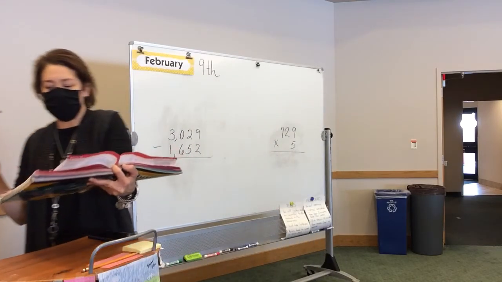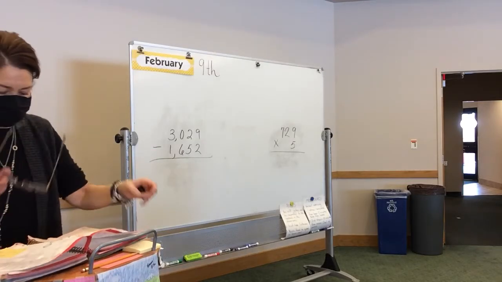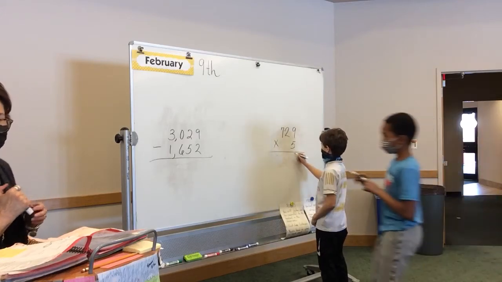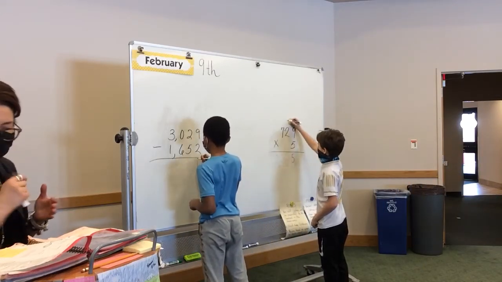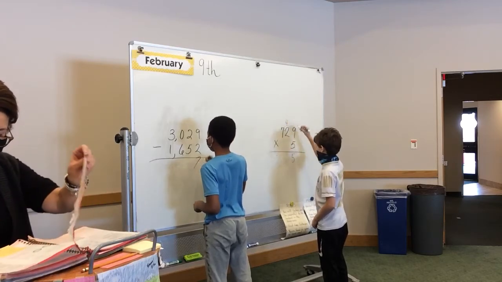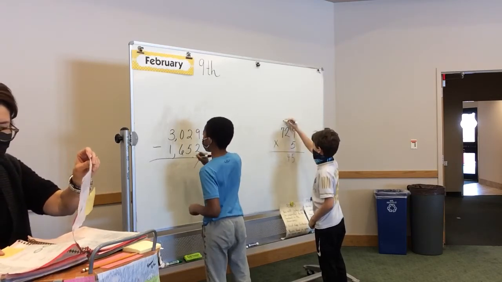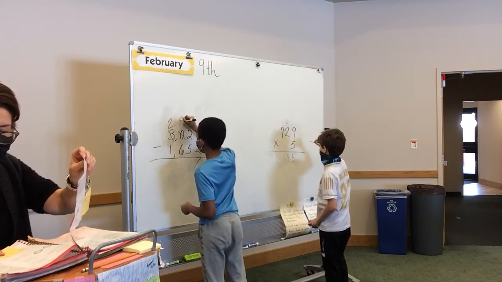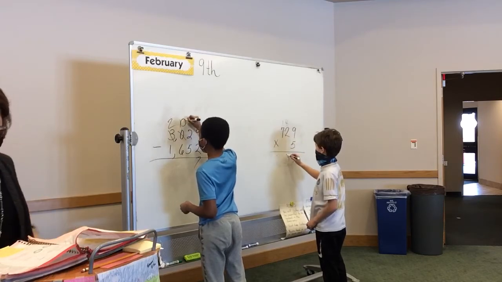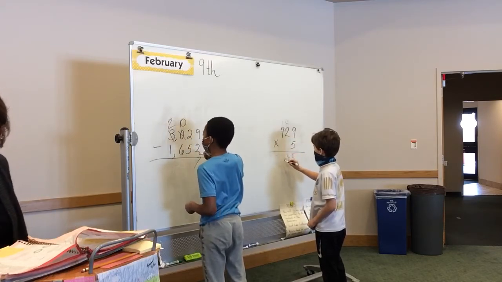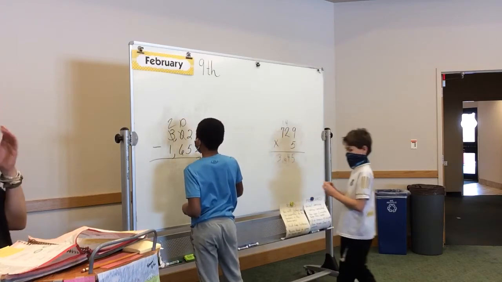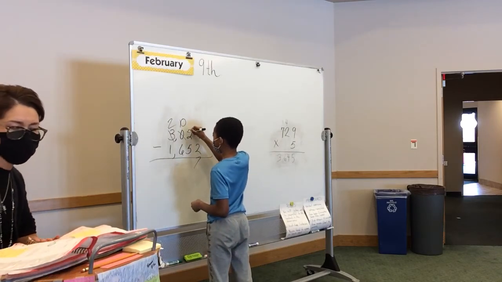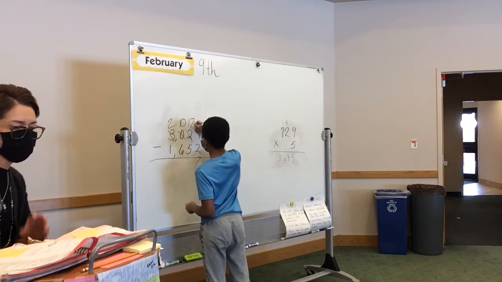Owen and Jeremiah. Good. How would you say that, Owen? 3,645. Beautiful.